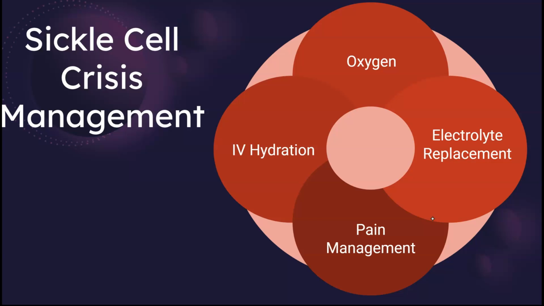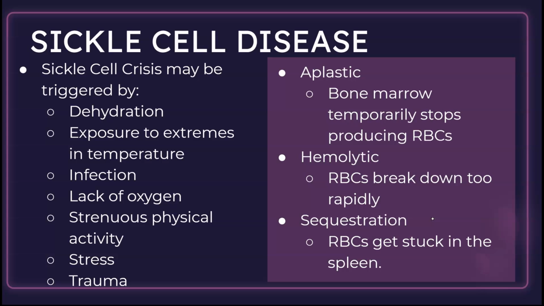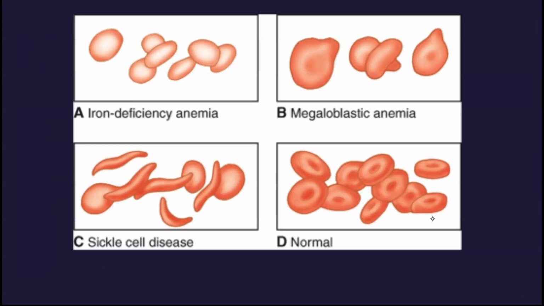The hospital's going to want to get a baseline in the first place to find out what needs to be tweaked exactly. But this is our main bread and butter right here: pain management, IV hydration, and oxygen. We did that already. So here we go, little variations in red blood cells. We like these little donut-shaped pool floaty guys.